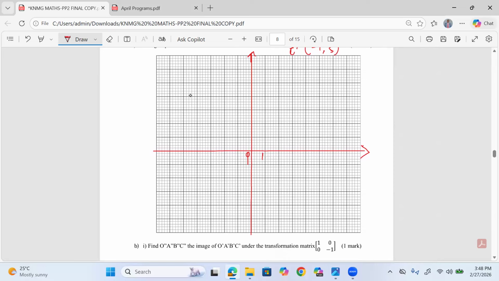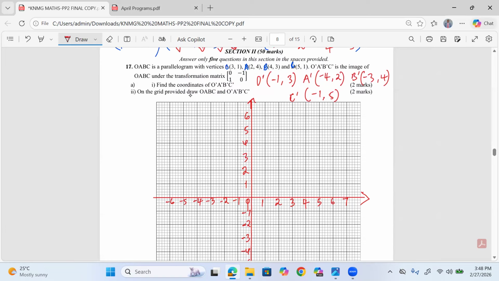So we have 1, 2, 3, 4, 5, 6, 7. Can also have 1, 2, 3, 4, 5, 6, and -1, -2, -3, -4, -5, -6.